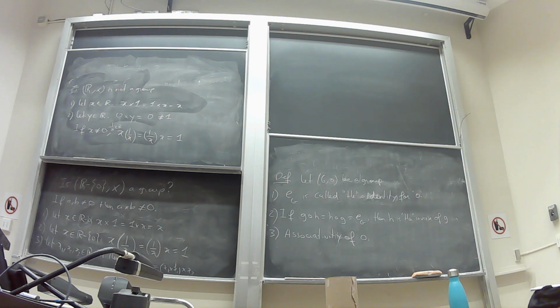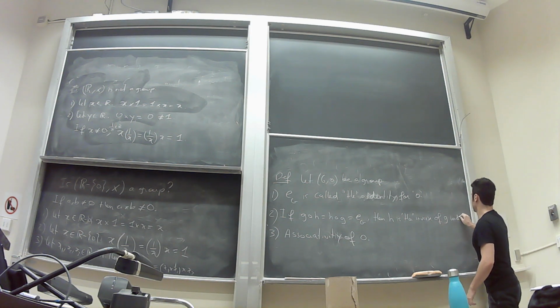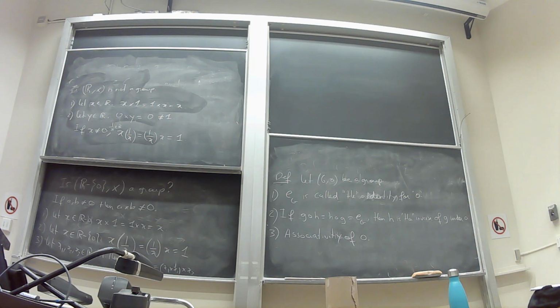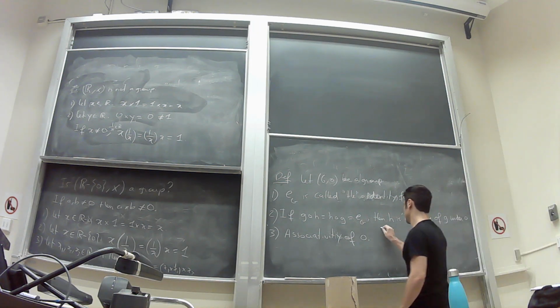So should we say inverse under circle instead of just inverse? Yeah, okay, under circle. That's a good one. Under circle. What does the third point mean? It's associativity.